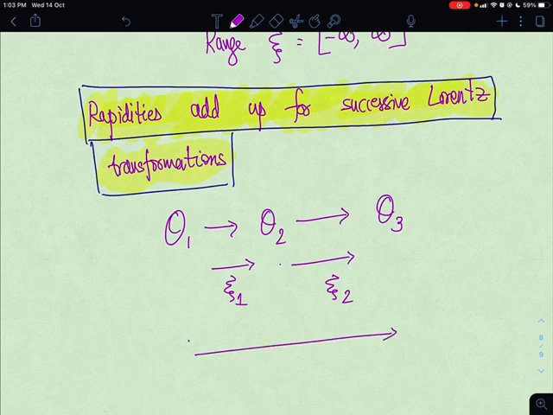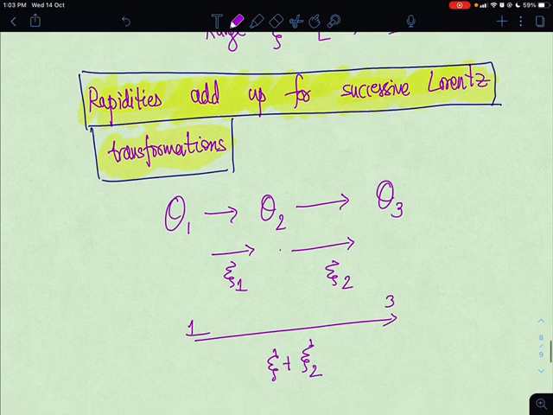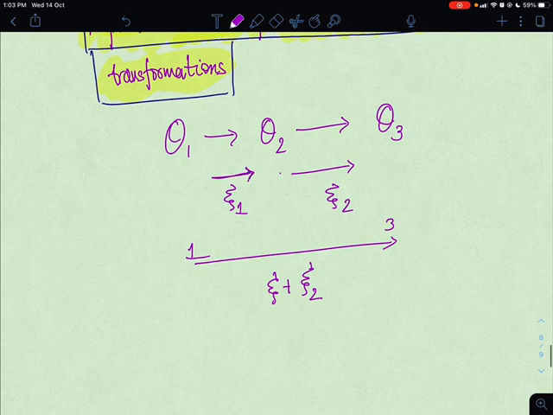So what you have from O1 to O3 would just become psi 1 plus psi 2. The total Lorentz transformation from 1 to 3 is given by psi 1 plus psi 2.